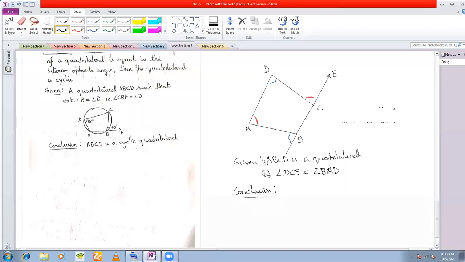that ABCD is a cyclic quadrilateral. Or you can say points A, B, C, and D are concyclic.